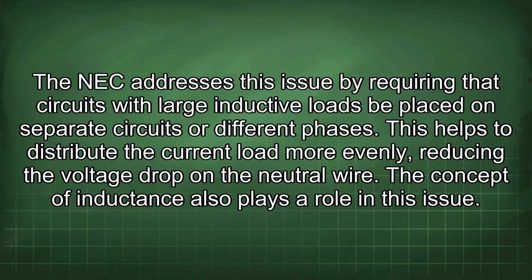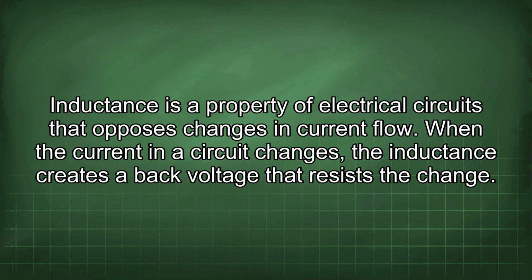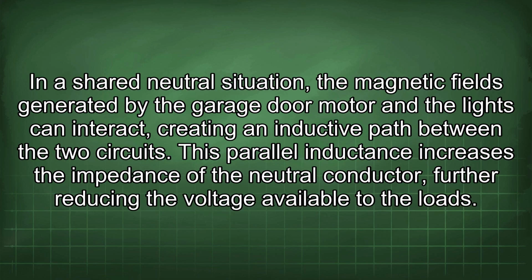The concept of inductance also plays a role in this issue. Inductance is a property of electrical circuits that opposes changes in current flow. When the current in a circuit changes, the inductance creates a back voltage that resists the change. In a shared neutral situation, the magnetic fields generated by the garage door motor and the lights can interact, creating an inductive path between the two circuits.